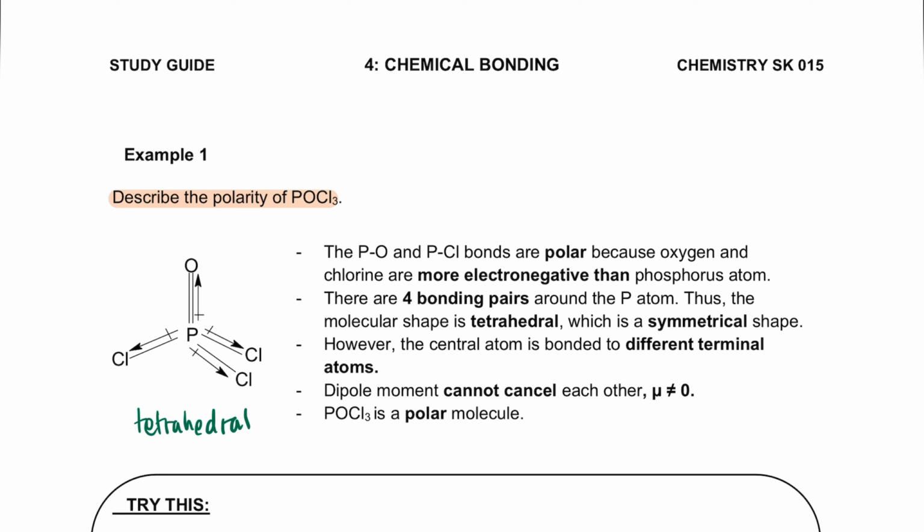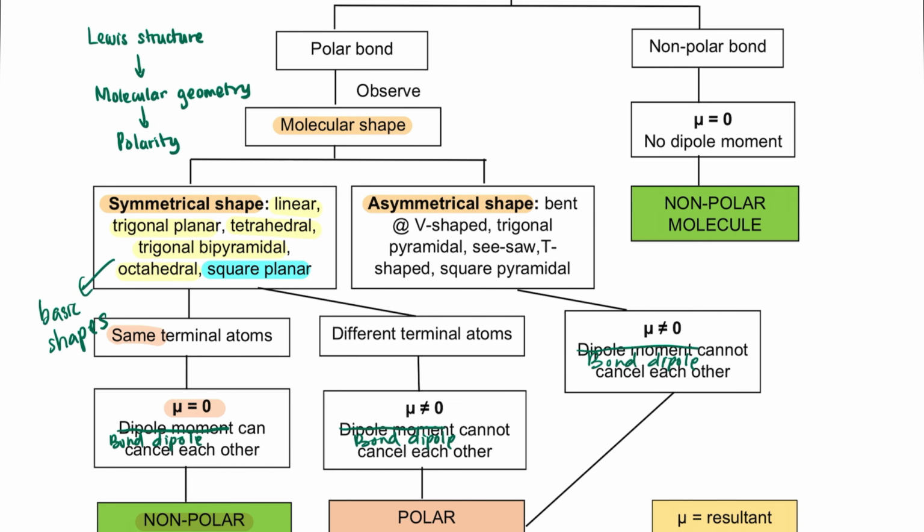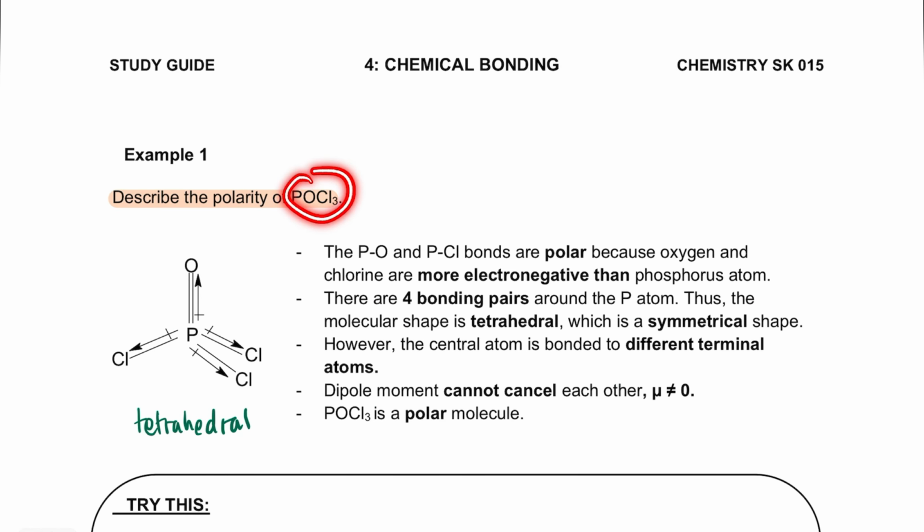Okay, so kalau kita ingat balik, tetrahedral is actually one of the basic shape lah. So that's mean in this case, tetrahedral tu jatuh kategori symmetrical shape. Okay, so if symmetrical shape, we need to look at the terminal atom dulu. Terminal atom dia different ke same? Okay, so kalau kita tengok POCl3, P ada bonded to Cl and ada bonded to oxygen. So that's mean the terminal atom not the same lah.